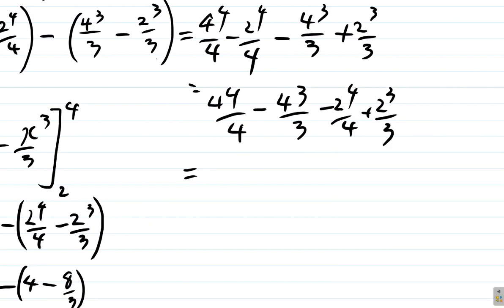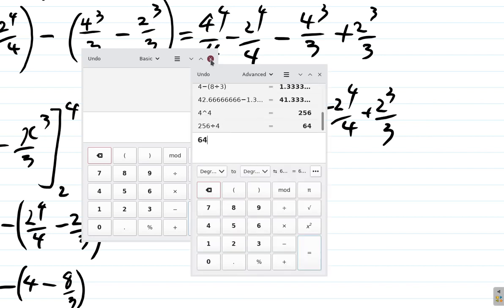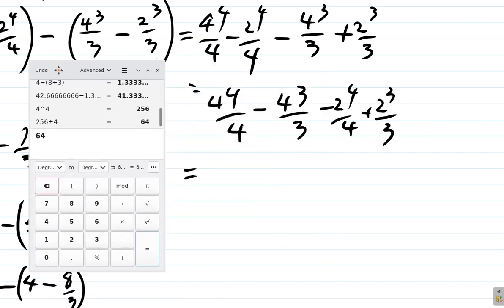Let's get back to our calculator and see. 4 to the 4 over 4 is 64. Alright? Then 4 raised to the power of 3 over 3 is 64 over 3.